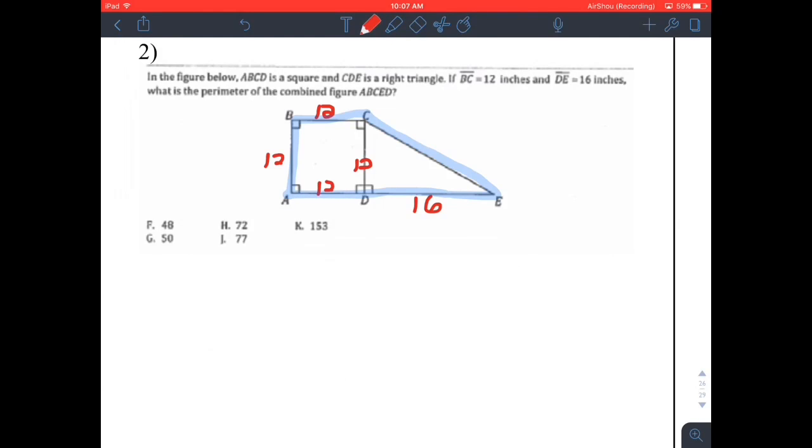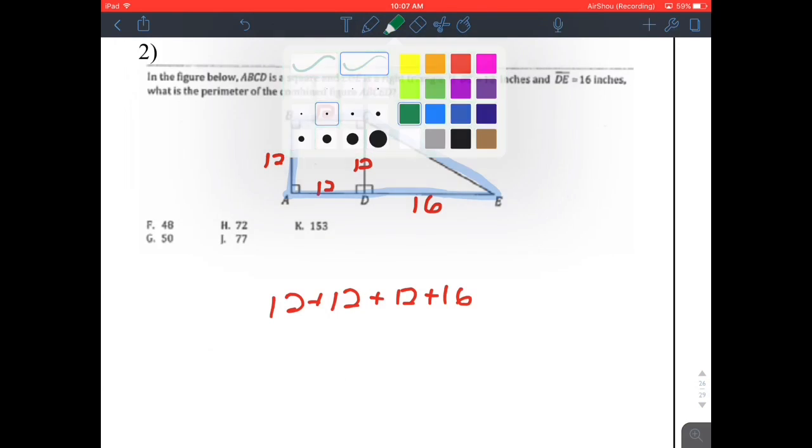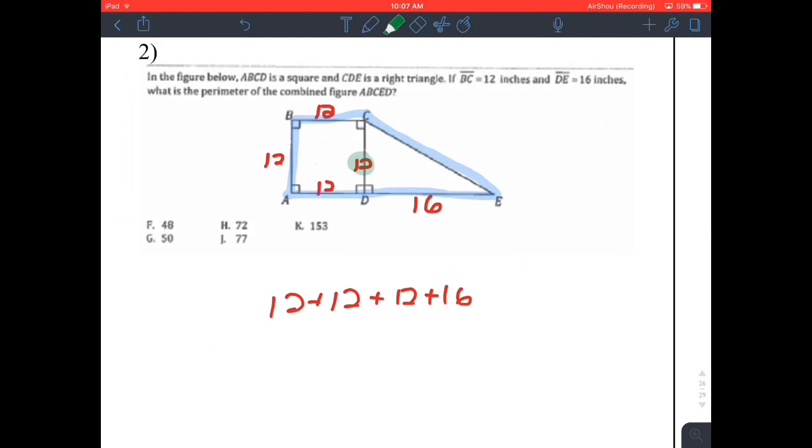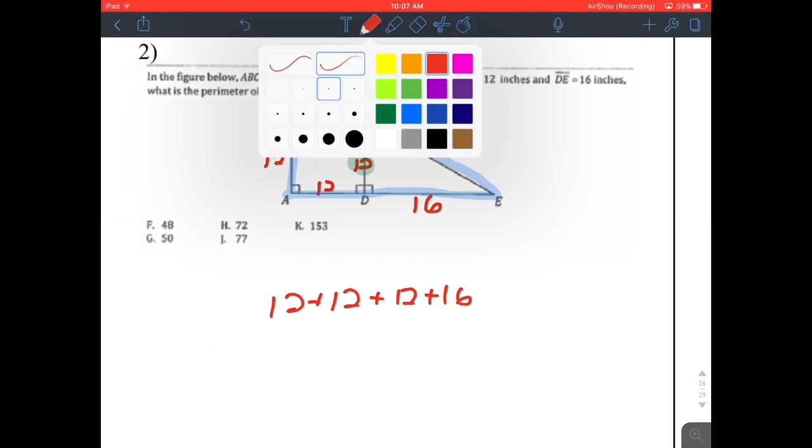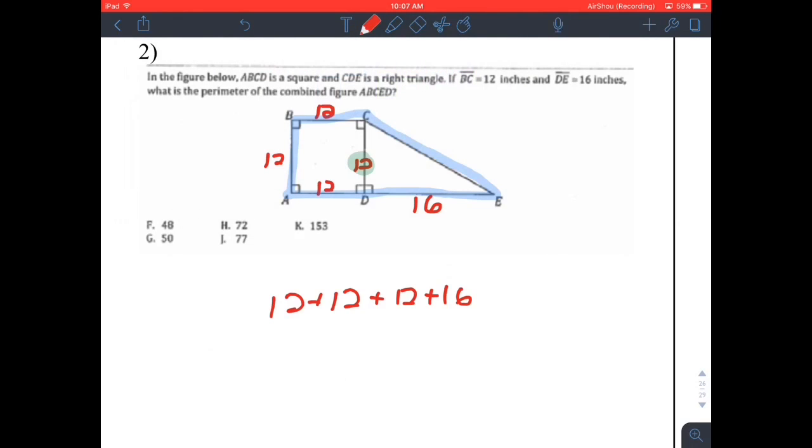So we know most of these. We have 12 and 12 and 12 and 16. We do not count this 12 because it's not part of the perimeter that it's asking for. So if we just add those together, that's 36 plus 16, that's 52.